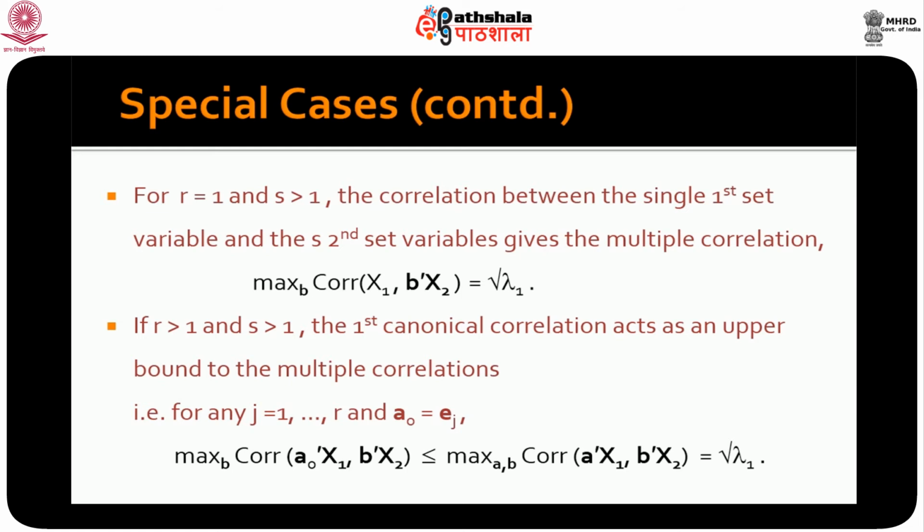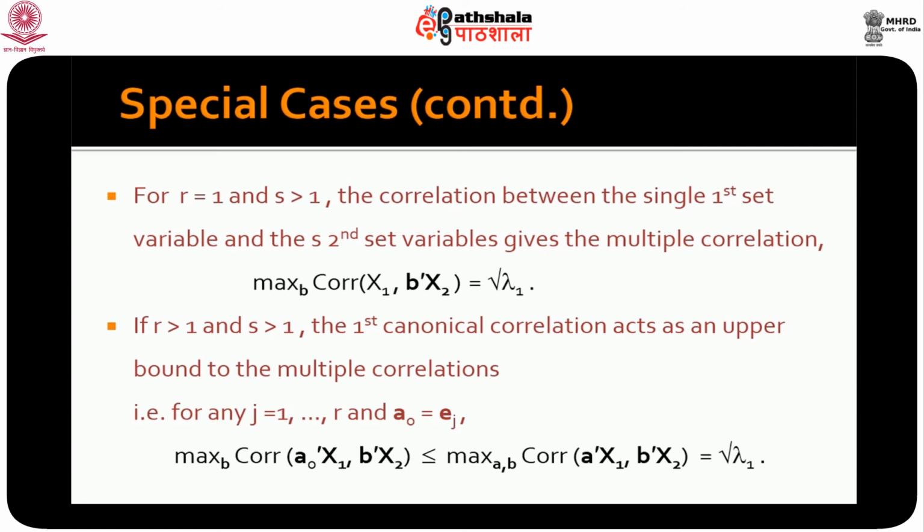So we can say that the multiple correlations should all be bounded above by the first canonical correlation. So as in the case of the simple correlations, the first canonical correlation in particular acts as a bound for the multiple correlations as well.